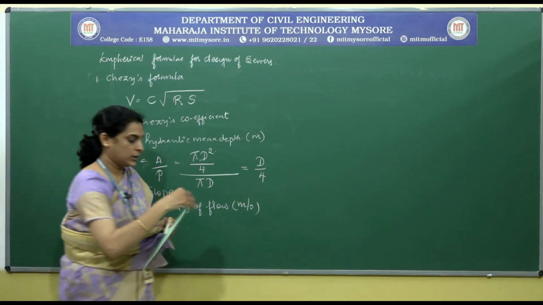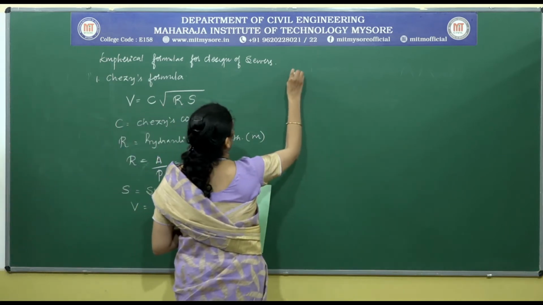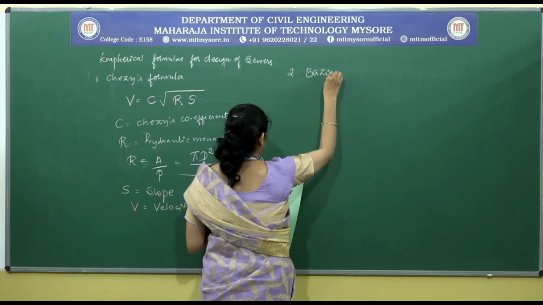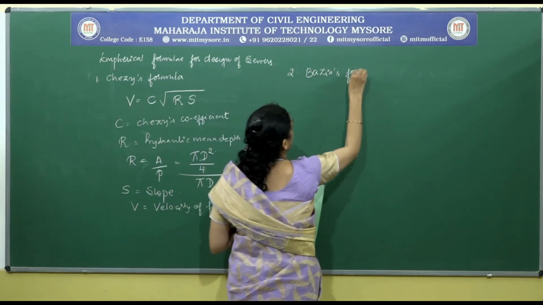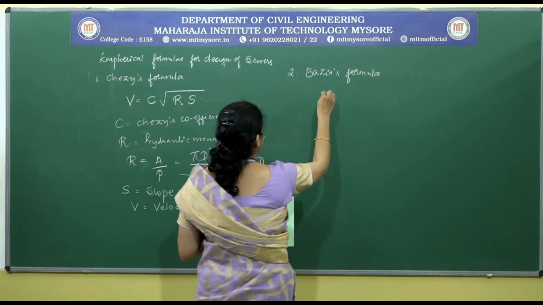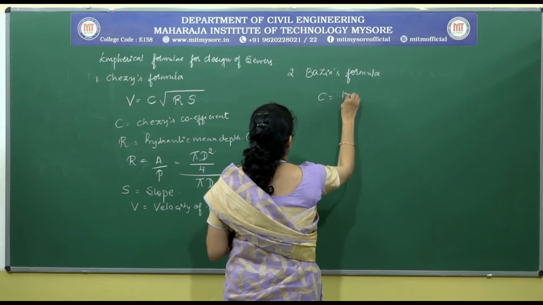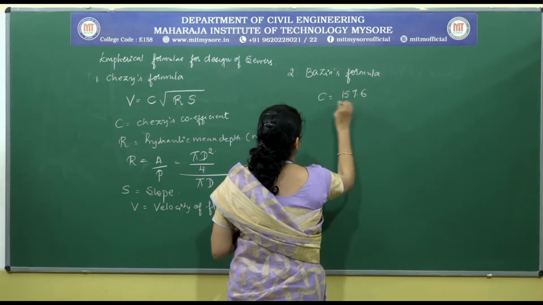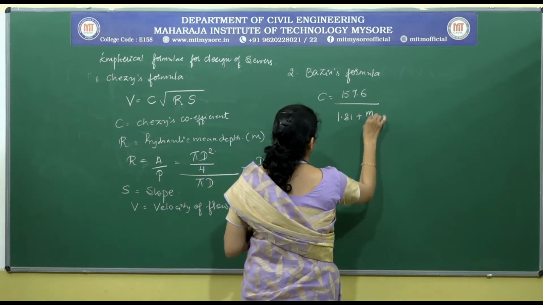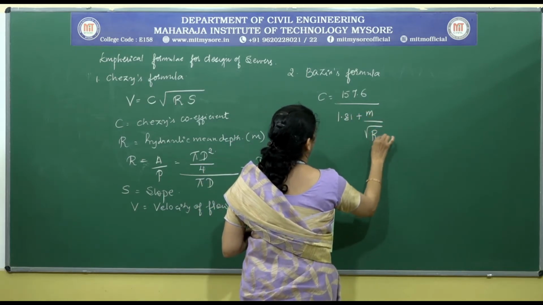Next is the Bazin's formula, which states that C is equal to 157.6 by 1.81 plus m by root r.